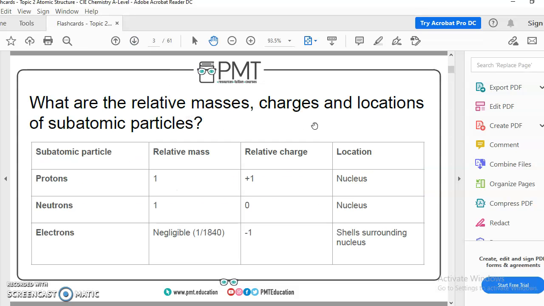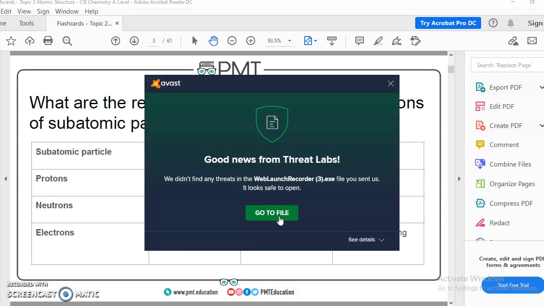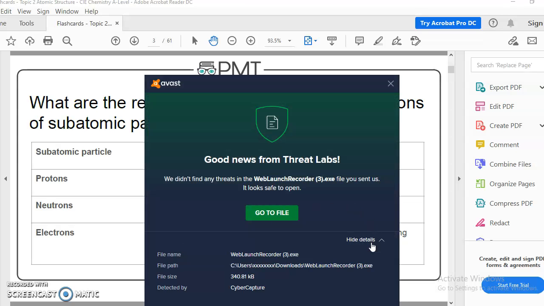If we talk about the relative masses, charges, and locations of subatomic particles, the proton's mass is 1, the neutron's mass is also 1, and the electron's mass is negligible, 1 over 1840.